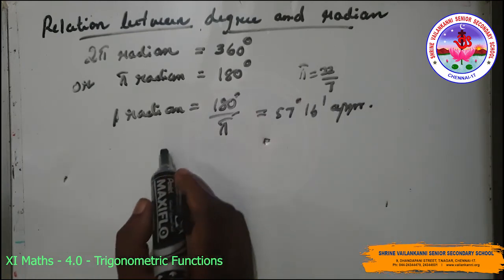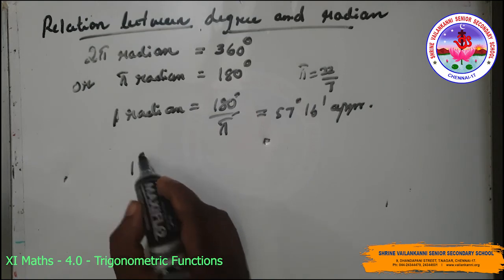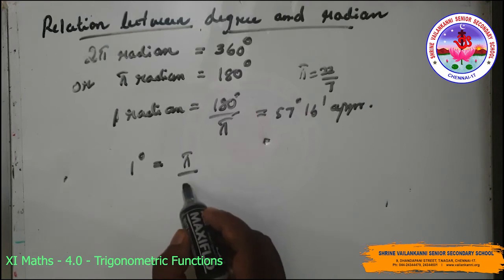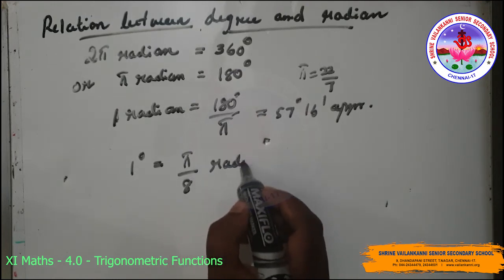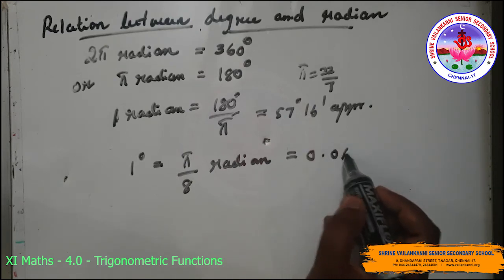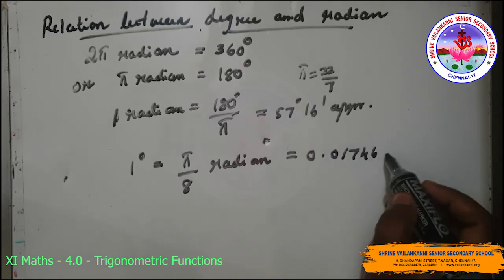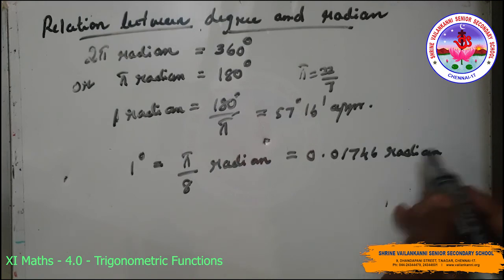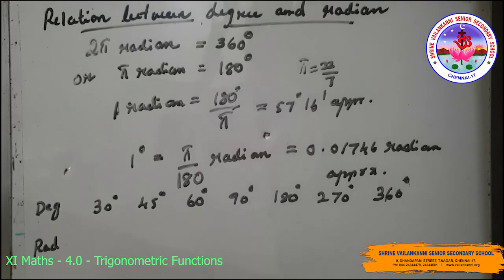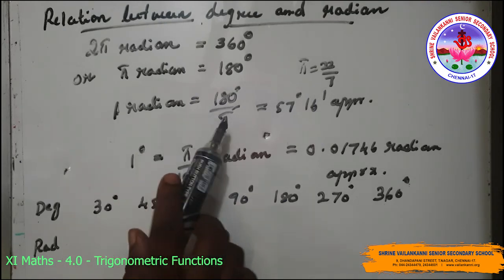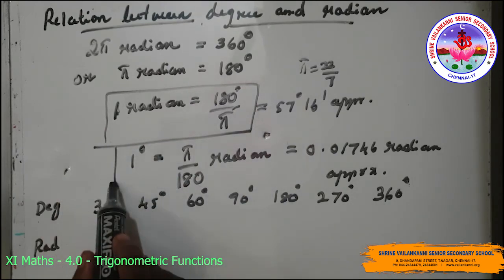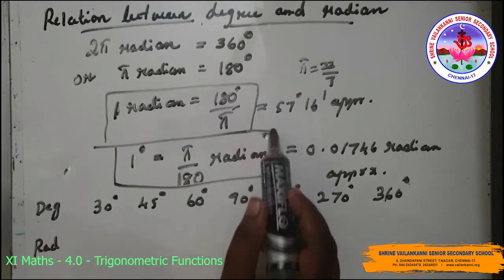Again, 1 degree is equal to pi by 180 radian, which is approximately 0.01746 radian. So 1 radian is equal to 180 by pi, and 1 degree is equal to pi by 180.